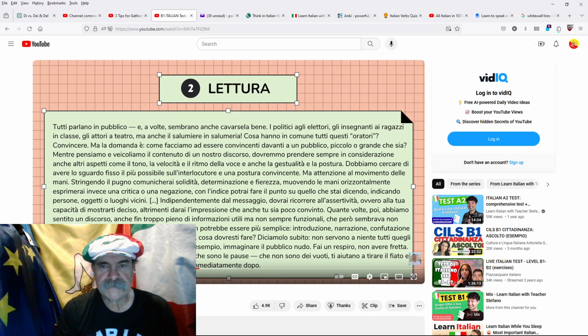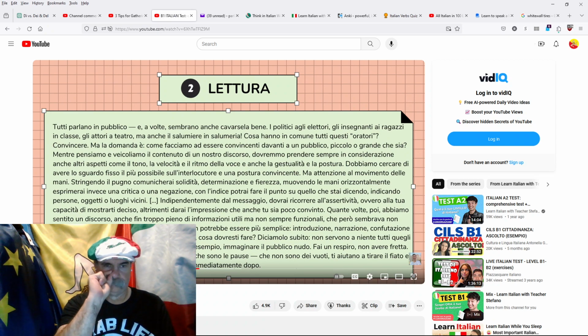I politici e gli elettori, gli insegnanti ai ragazzi in classe, gli attori a teatro, ma anche il salumiere in salumeria. Well, there's the noun and the adjective. Excuse me.